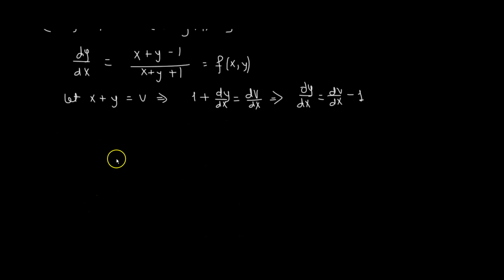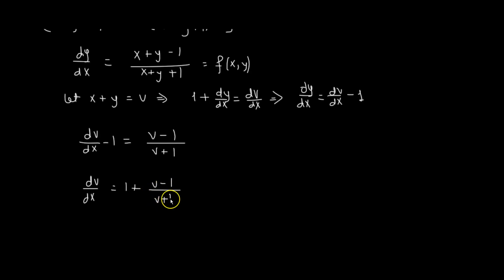We will get dv/dx - 1 equals (v - 1) divided by (v + 1). So we have dv/dx equals 1 + (v - 1)/(v + 1). Let's combine the two terms on the right hand side.